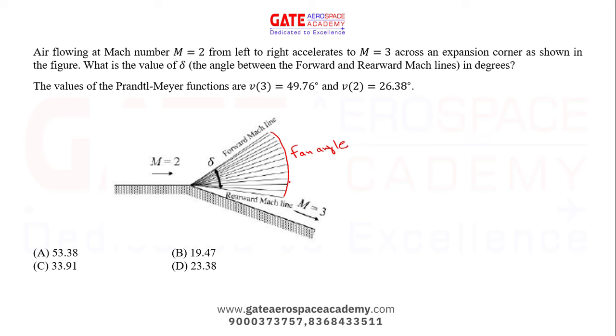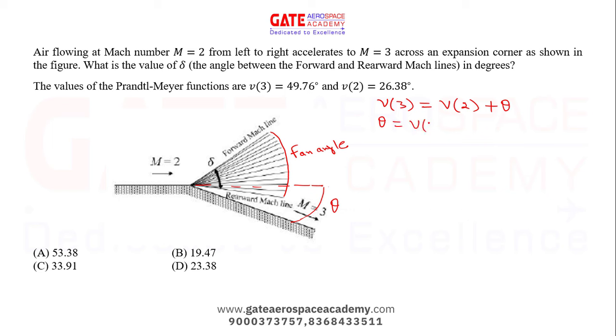right? We also know the relationship between the Prandtl-Meyer function after turning and before turning, right? That is, after turning, the Prandtl-Meyer function for Mach number 3 is equal to the Prandtl-Meyer function for Mach number 2 plus theta, right? What is theta? Theta is this, right? So what will be theta from here?